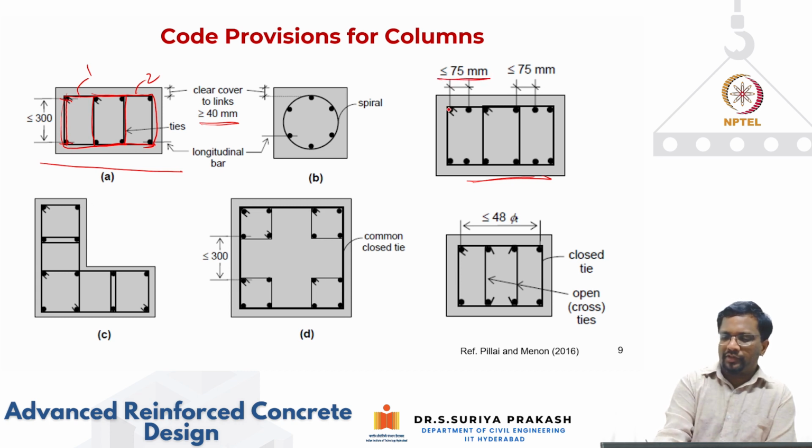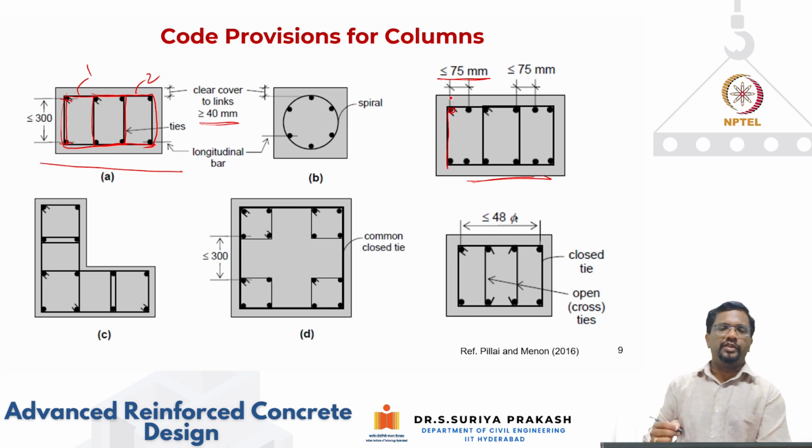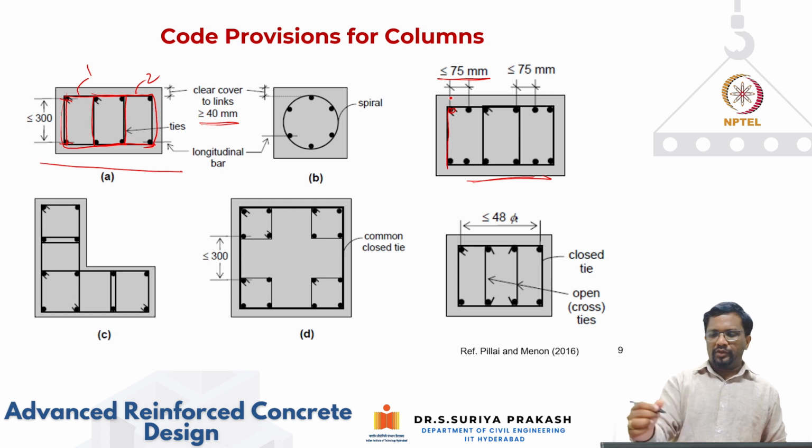For example, this bar is restrained by the tie, and this bar is not restrained by the tie. So the spacing between the longitudinal bar that is restrained by the tie and the one that is not restrained, in both the directions, should be less than or equal to 75 mm. Again, the longitudinal bar also can buckle in both the directions. So the code is making sure, to prevent that, you have this 75.